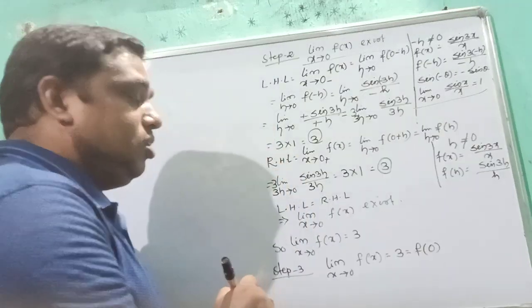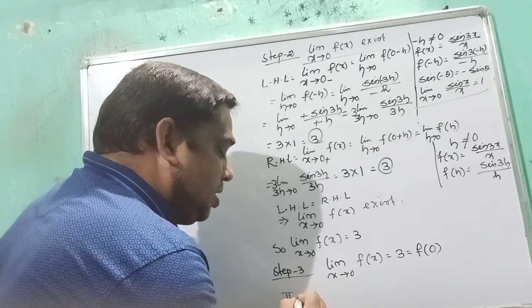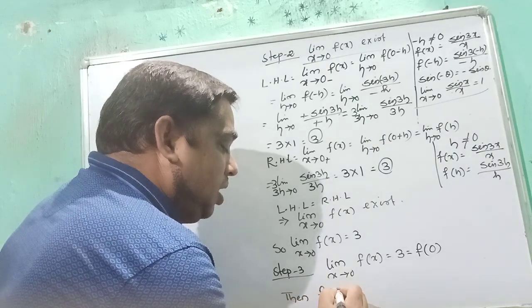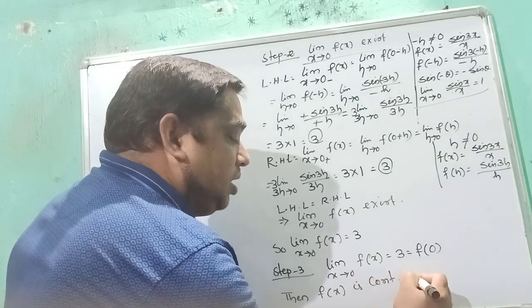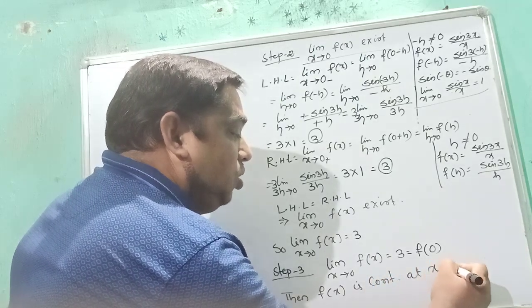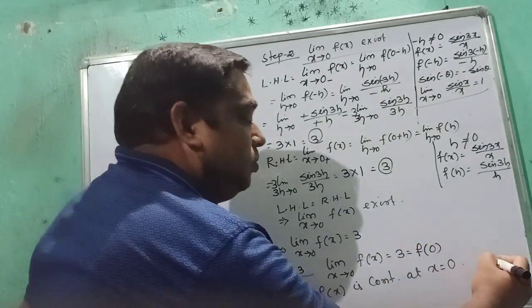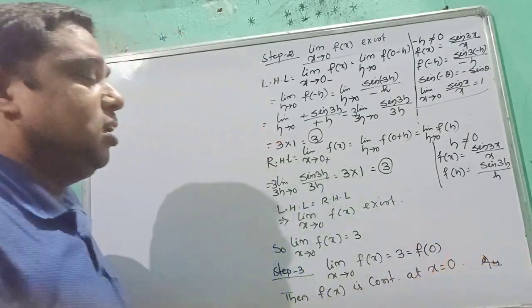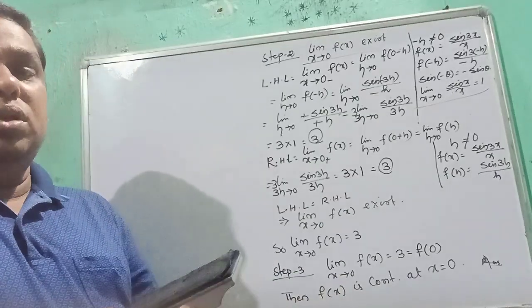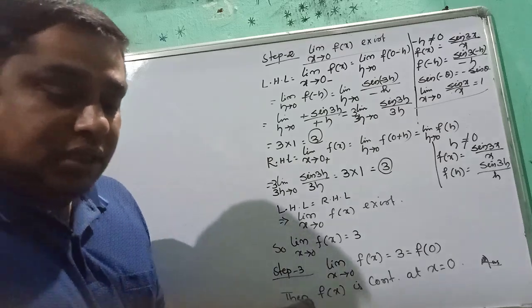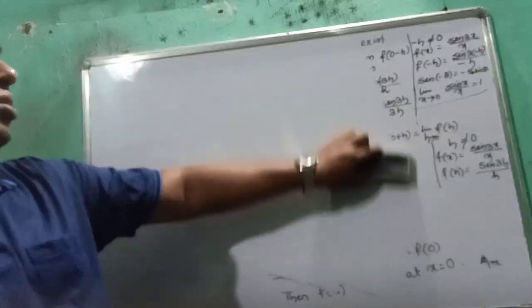Since all 3 conditions are satisfied, our f(x) is continuous at x equal to 0. Similarly, we take another example here.